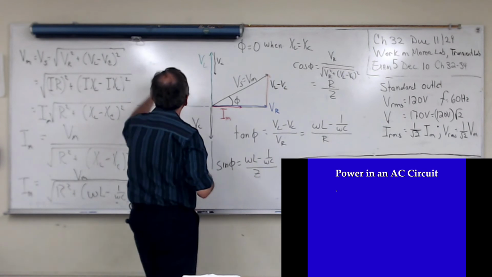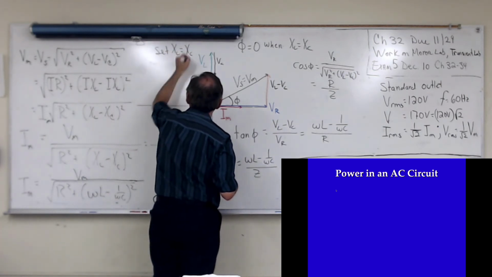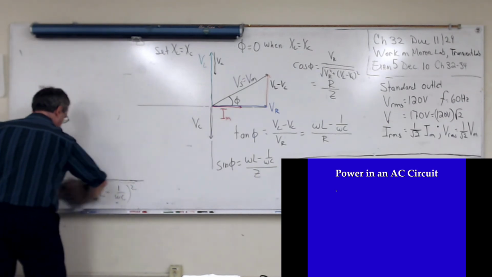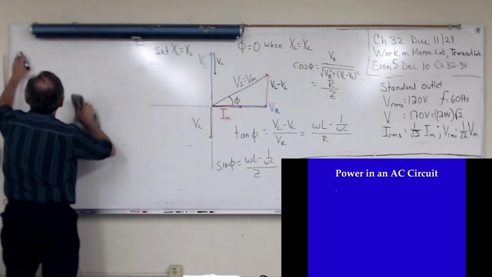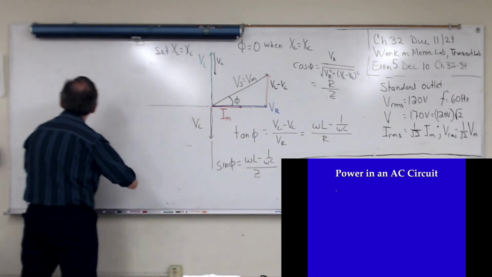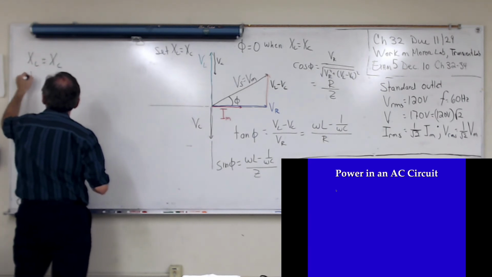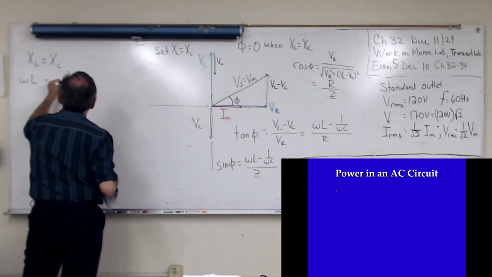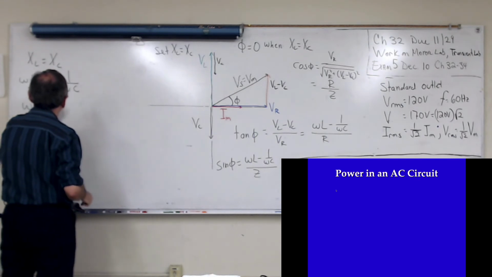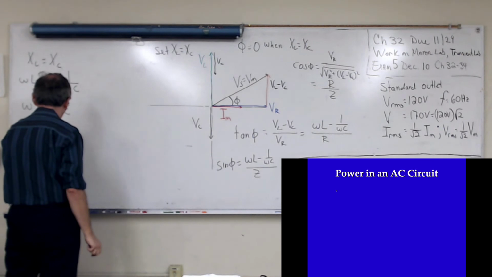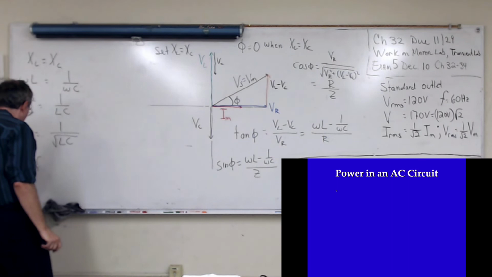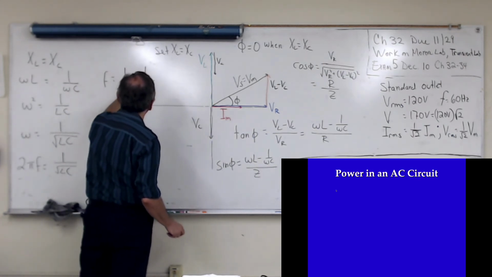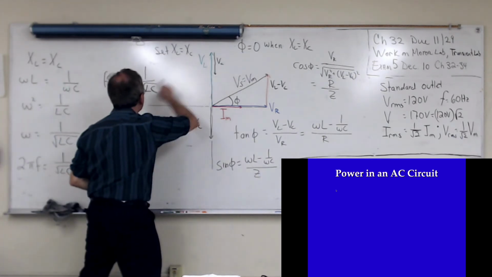Well, we just set X of L equal to X of C. So let's do that. So the frequency at which phi equals 0 is this.